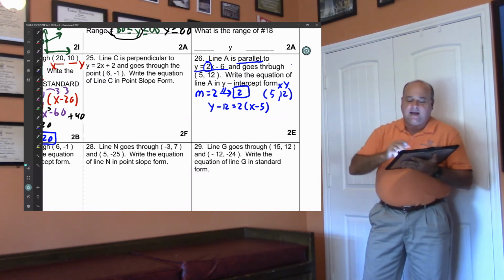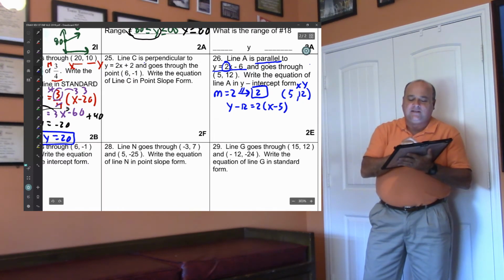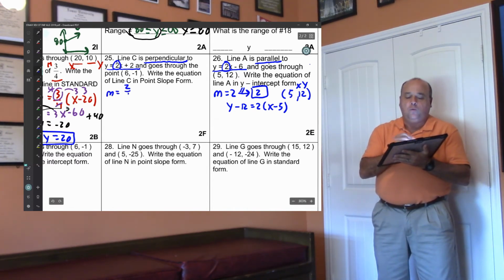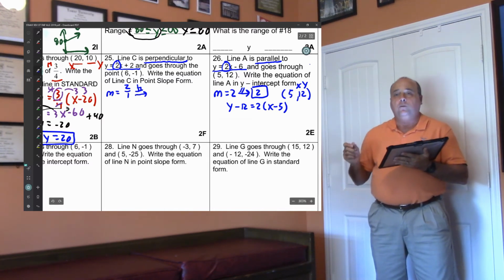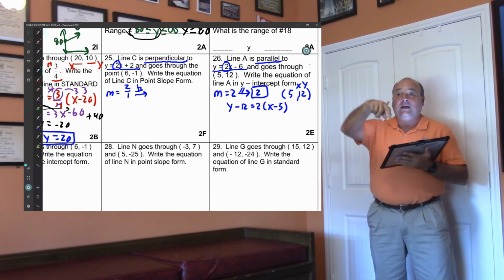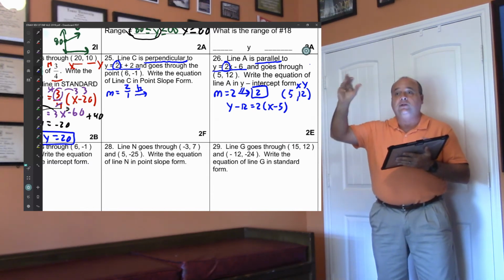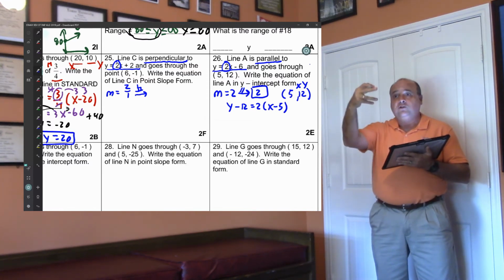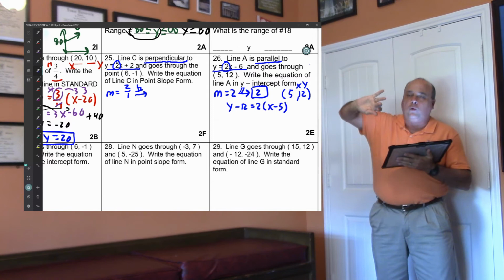Let's go to 25. On 25, line C is perpendicular to 2x plus 2, right? This right here is my slope. So put m equals and put 2 over 1. Draw an arrow, and we want a perpendicular slope, don't we? So remember, when we did this on 1, 2, and 3, perpendicular slopes have opposite reciprocals. So the reciprocal of 2 over 1 is 1 over 2.